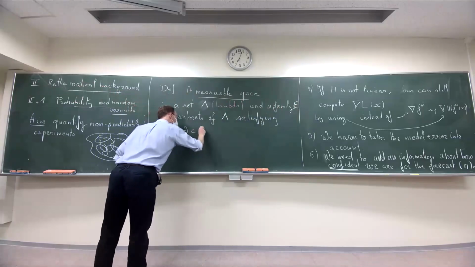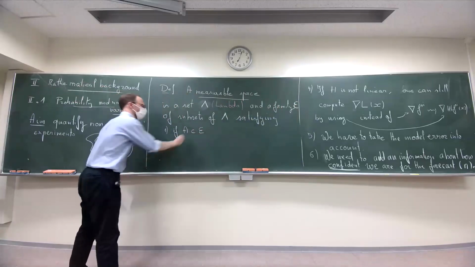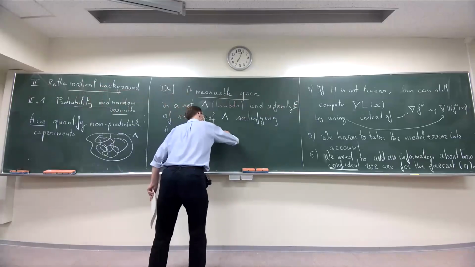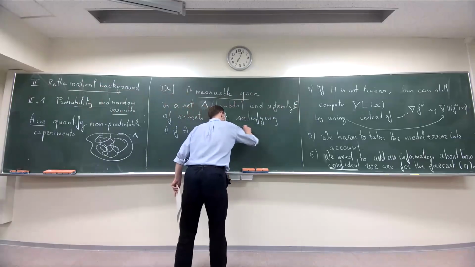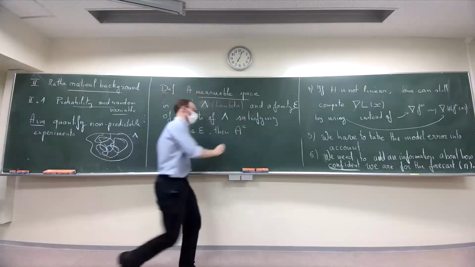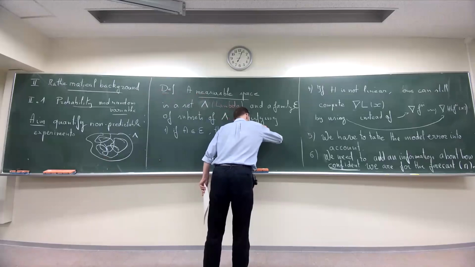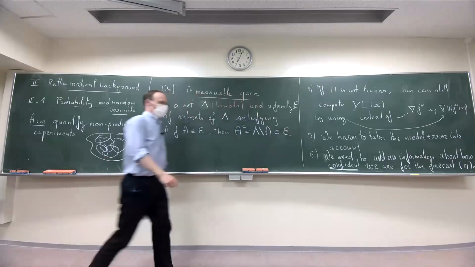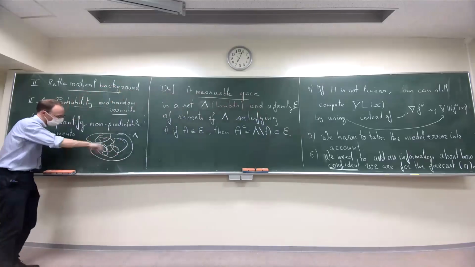If A is an element of E, it's a subset belonging to this family, then its complement, and I will denote it by AC for complement, it is the initial set minus A, is also in E. So whenever you have one set, you have the complement.